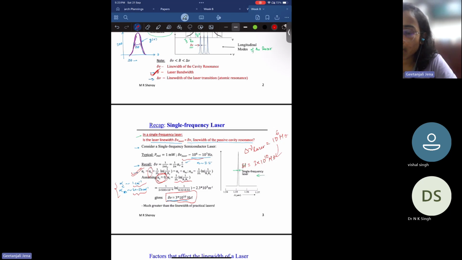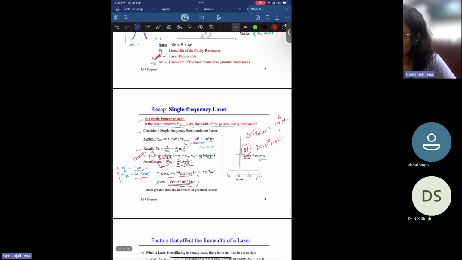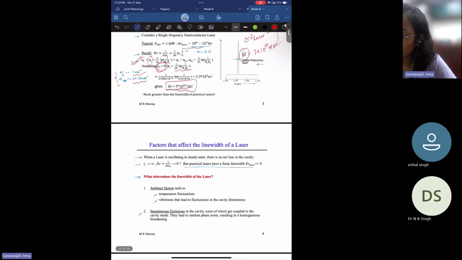So what is the reason behind this broadening of the cavity resonance? In a practical situation, we assume that at steady state there are no losses in the system. So what is Tc? This is the time at which the energy falls to 1 by e of its initial value.